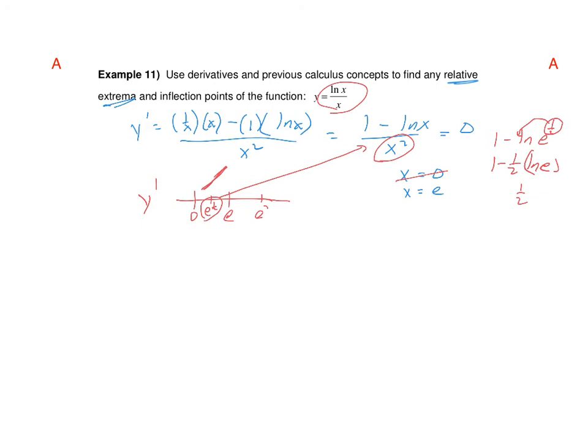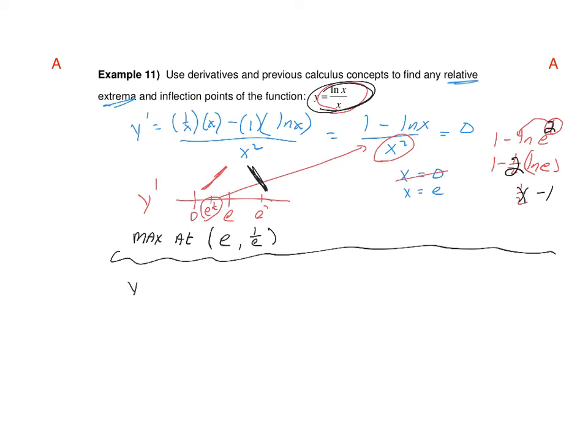So now if I change that power to a 2, changes that coefficient to a 2, changes that to a -1, we're going to have a negative slope there. So I'm going to have a max at e, comma, for me to find my y coordinate, don't forget you got to go to the original equation. So natural log of e is a 1, so then I'd have at 1 over e is my y output.